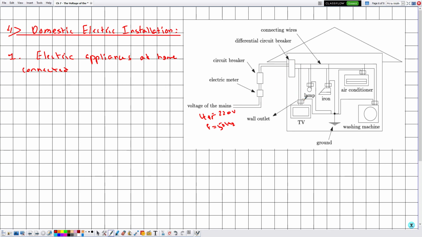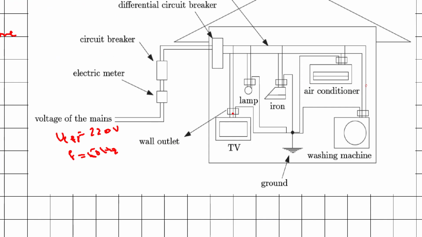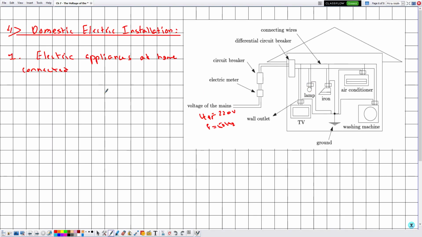So here for sure at each one we have a wall outlet. So basically these electric appliances are connected to wall outlets, and the wall outlets are connected back to the voltage of the mains. So connected to the wall outlet, they are functioning normally. So why are they functioning normally? Because we make sure that all the electric appliances we install in our home have an indication given by 220 volts and 50 Hertz.